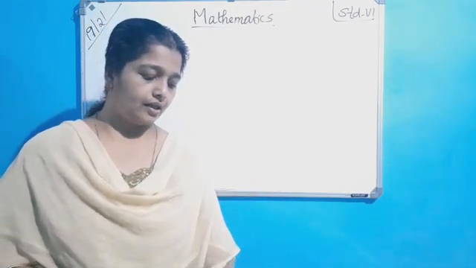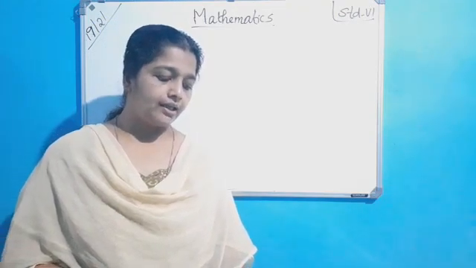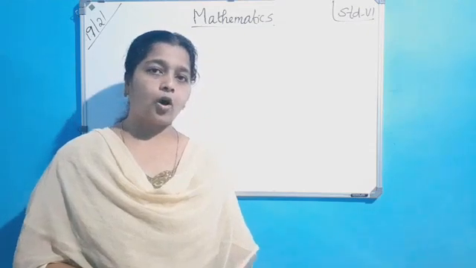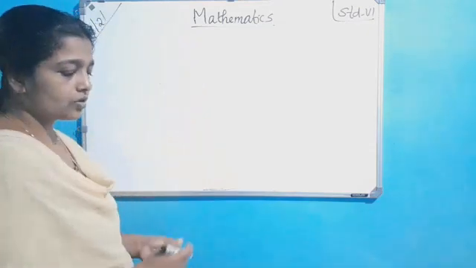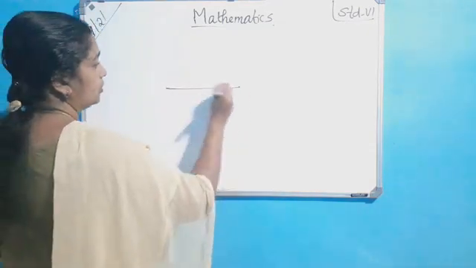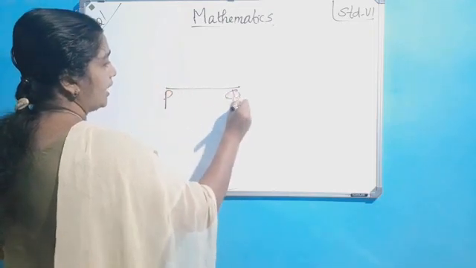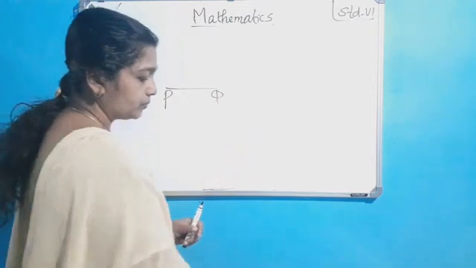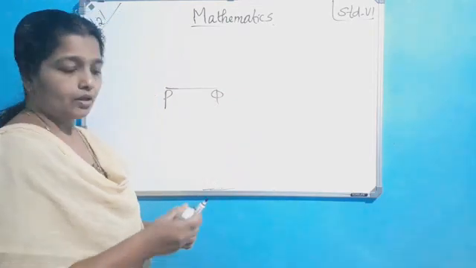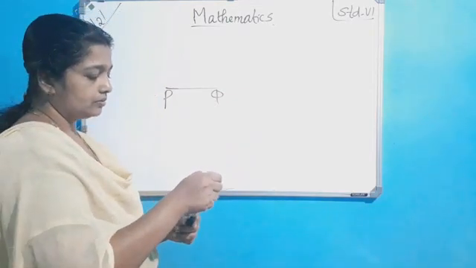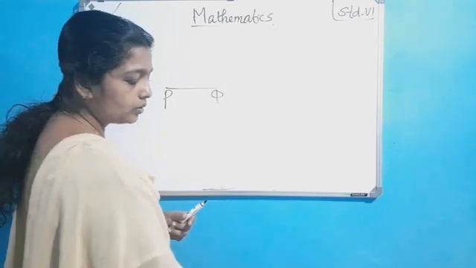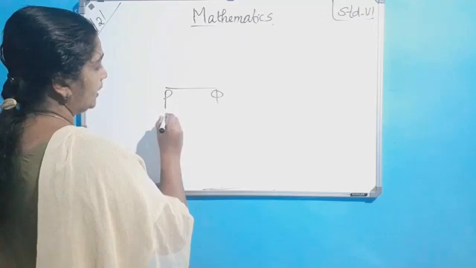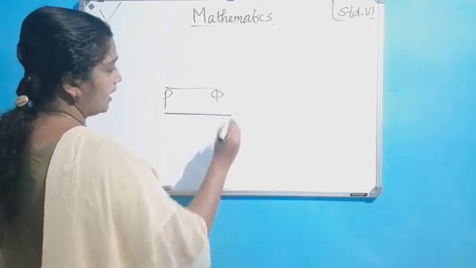Next question. Draw any line segment PQ, and without measuring PQ, construct a copy of PQ. How can we construct it? Draw any line segment PQ. Then, without measuring PQ, draw another line.